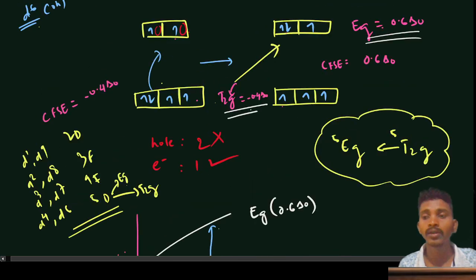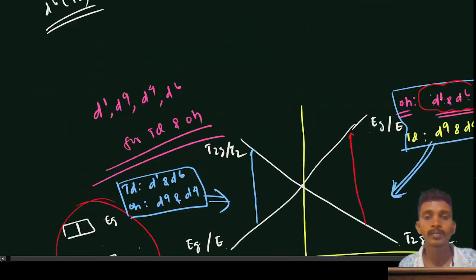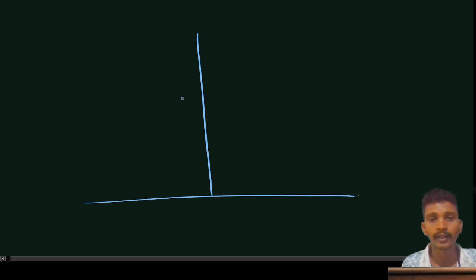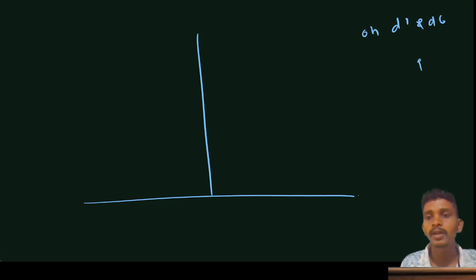We only remember this much and get the quick answer. So remember these Orgel diagrams, and D1 and D6 octahedral follow this.